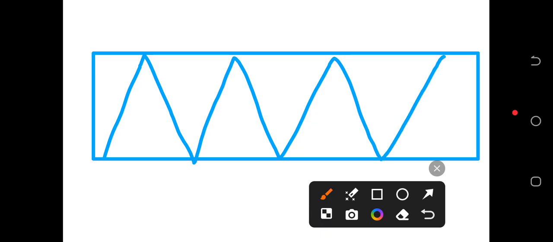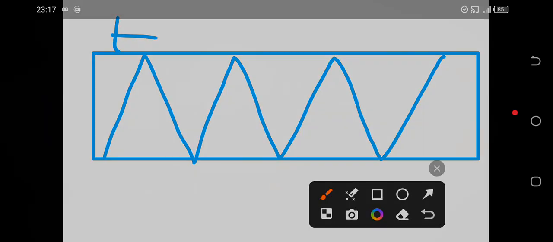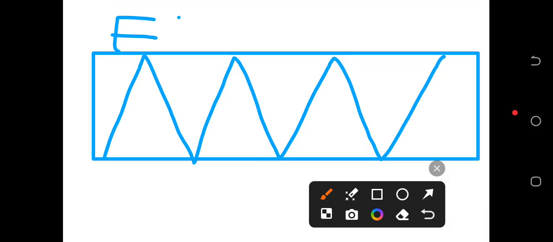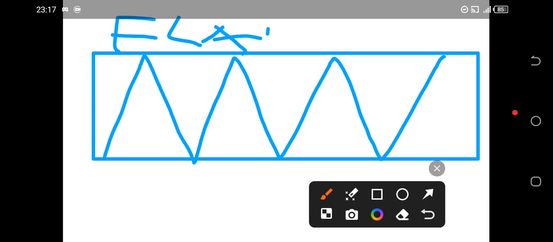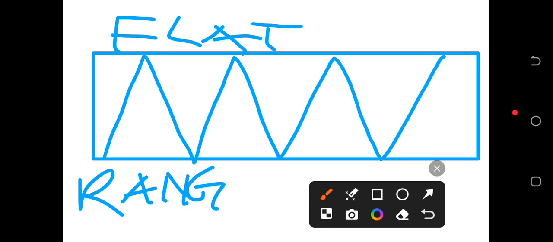Now, this is what we call a flat or ranging market.